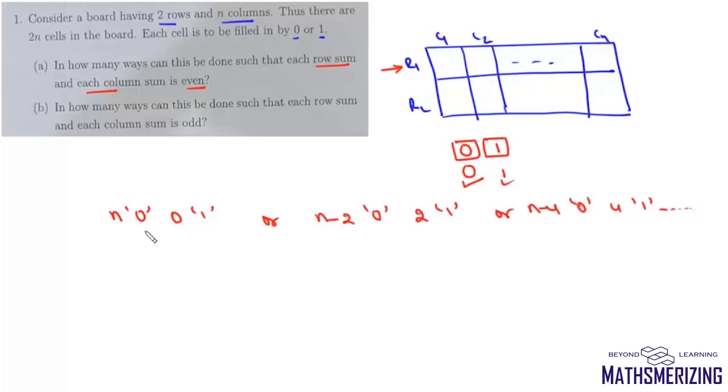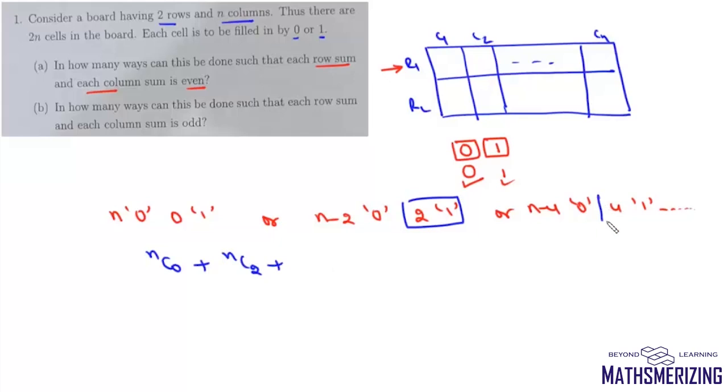In the first case, we have all zeros and no ones, so it can be done in only one way, which is nC0. Now here, all these n, we have to fill 2 of them with ones and remaining with zeros. Now which 2? It can be done in nC2 ways.